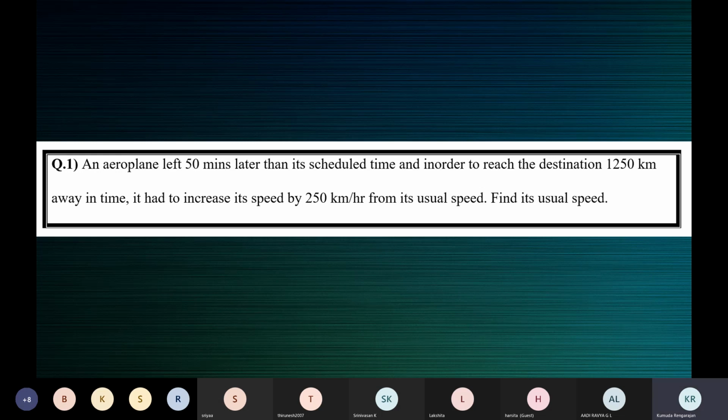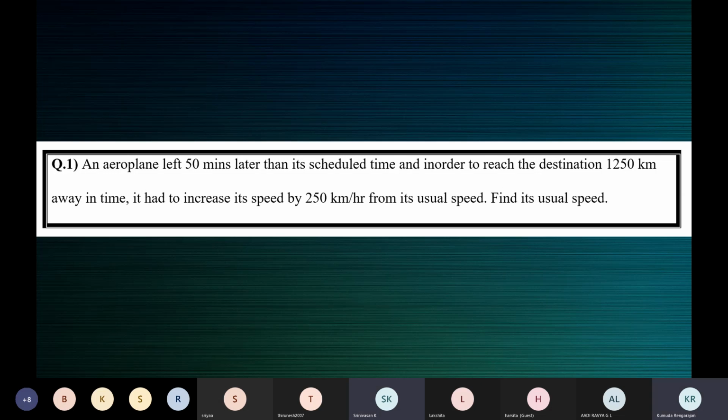Now, where will the flight take more time to cover 1250 kilometers, or where will it take less time? Ma'am, in case one more time.